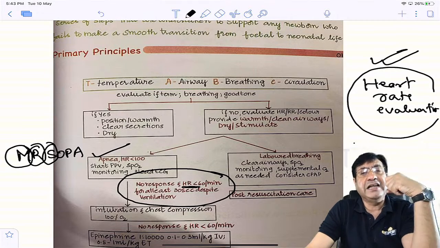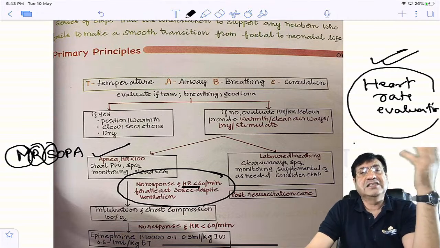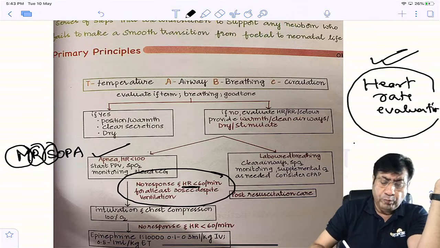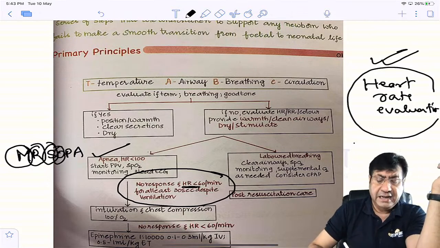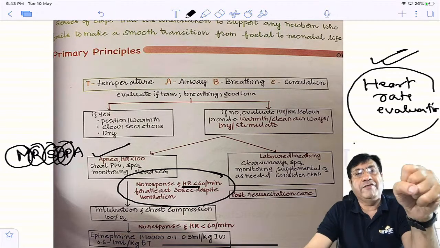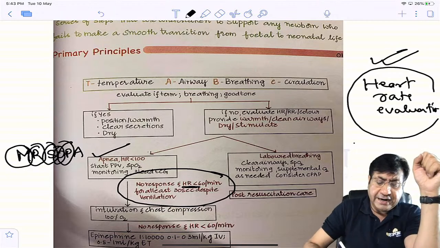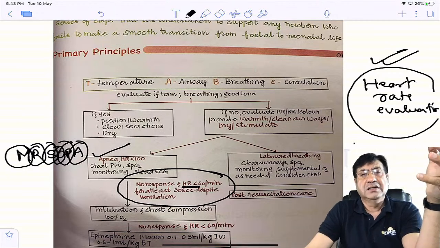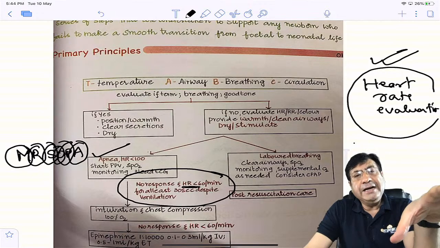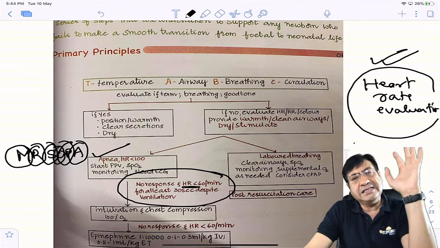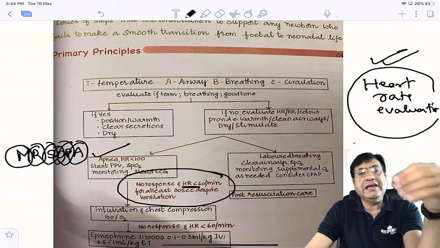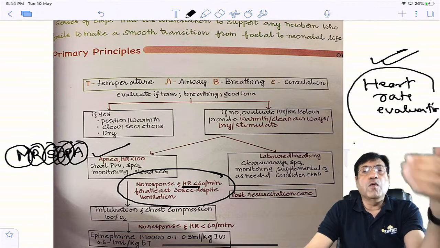That is why, despite giving positive pressure ventilation, the child is not improving. Then opening the mouth of the child further, then increasing the pressure of ventilation, and then alternative airways such as intubation. Now, despite intubation and ventilation, if the child is still not improving, this is very clearly an indication to move on to the next step, and that is chest compression.